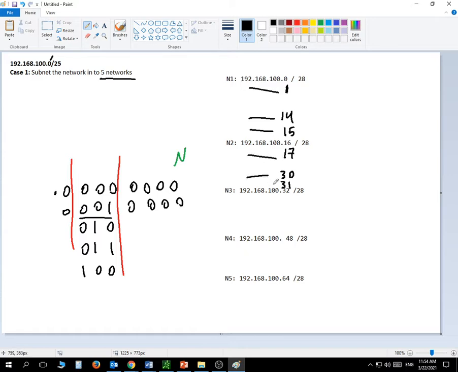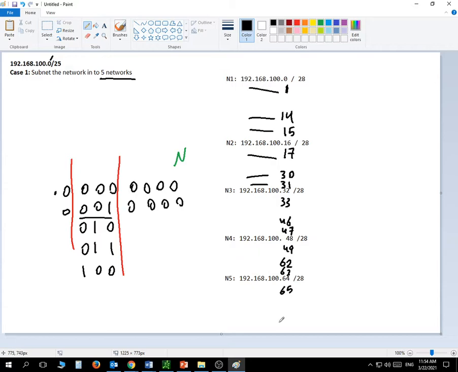Same thing for the rest of it. This is going to be 33 for the first available IP address, 47 for the broadcast, 46 for the last available IP address. Now for this part, 49, the first available IP address, 63, that's a broadcast, 62, the last available IP address. This part here is going to be 65, the first available IP address.